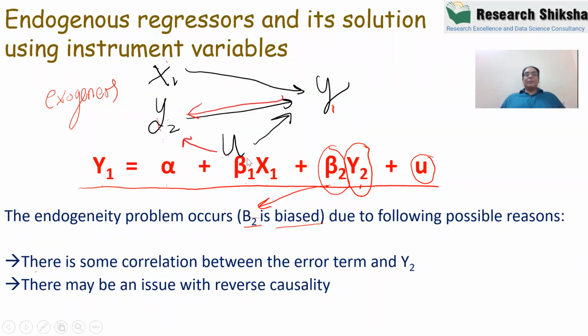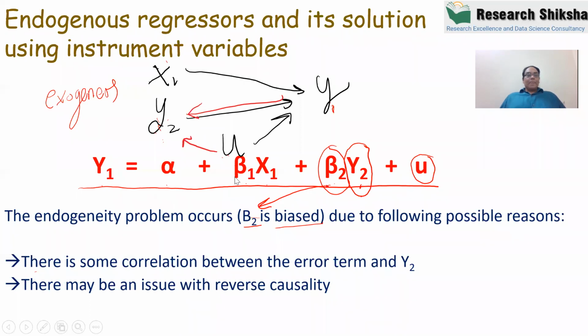In this regression model, y1 is found to be correlated with u, the error term, and one of the independent variables is also found to be correlated with the error term, and because of this, beta 2 is found to be biased. This biased beta 2 is indicating the problem of endogeneity, and we are going to solve this problem with the help of second stage least square.